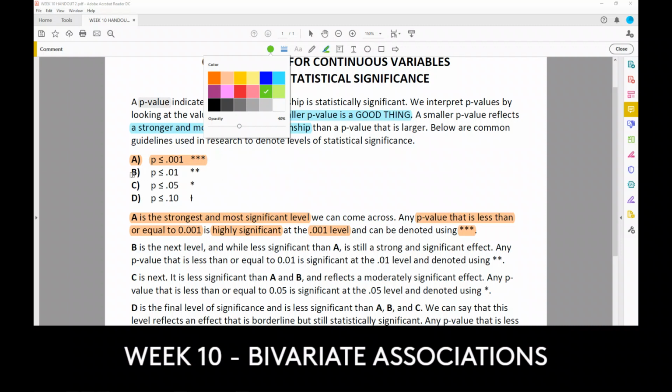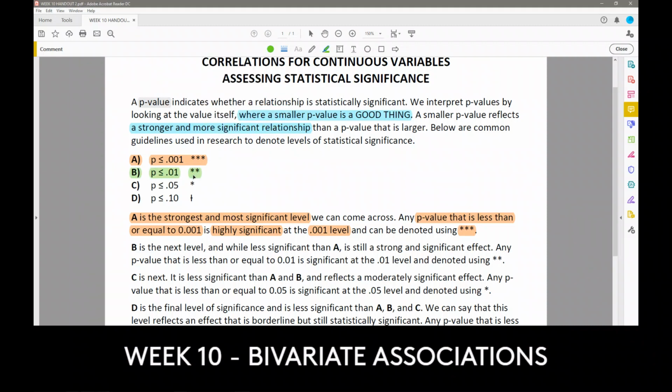All right, next is B, okay? This is the next level, it is less significant than A, but it still is pretty strong. And it is a significant effect, okay? It's just not as significant as letter A, okay? So what this is saying is that this is a p-value that is less than or equal to 0.01, okay?